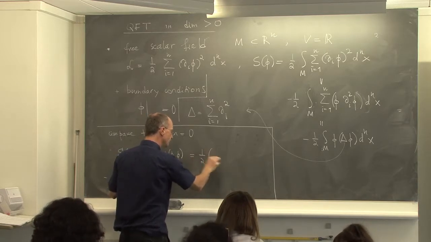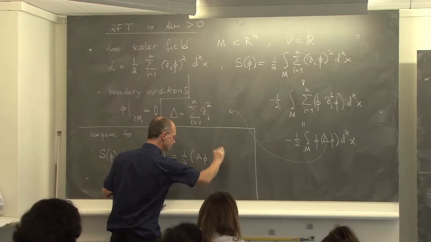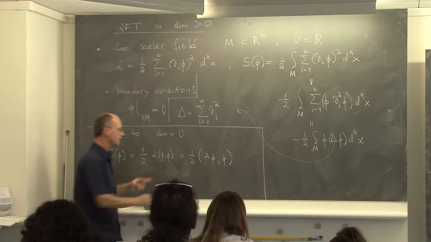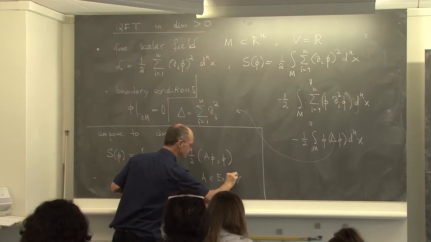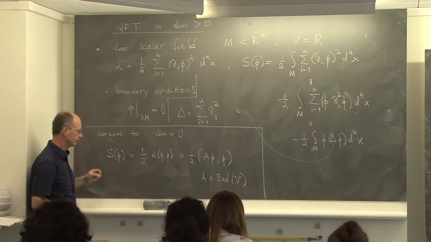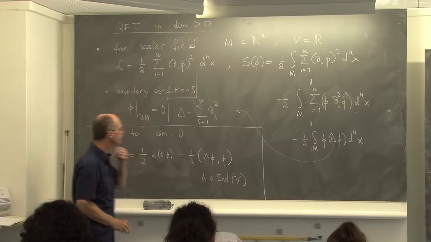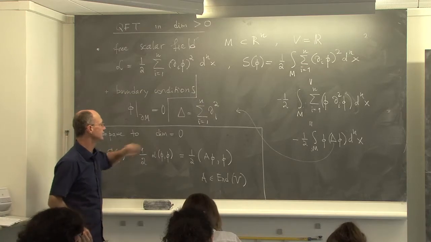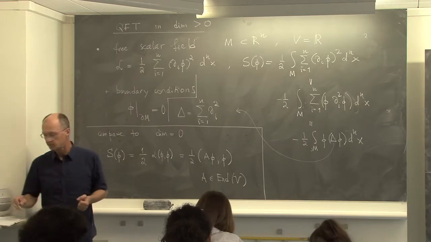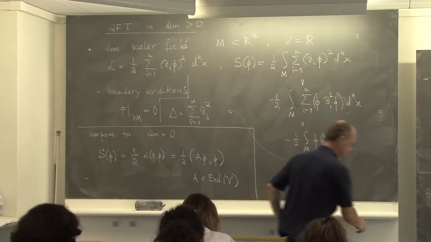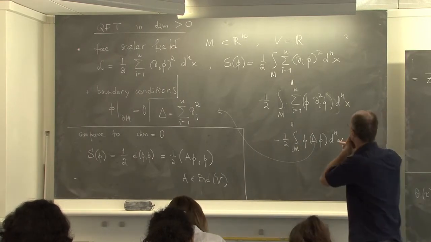Or we would use some auxiliary scalar product, and we would write it as A phi, phi, where A now is an endomorphism of V. So these were writings of the action of a free field theory or Gaussian field theory in dimension 0. Now, how does it compare to this story?